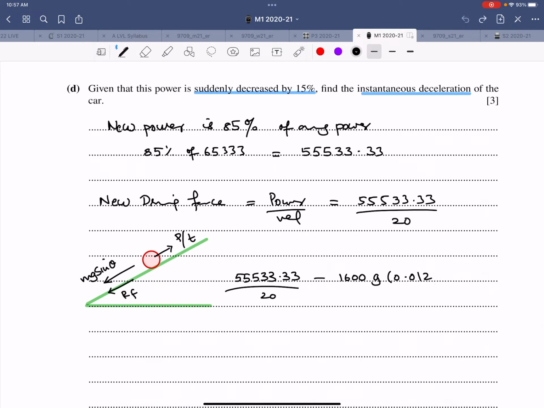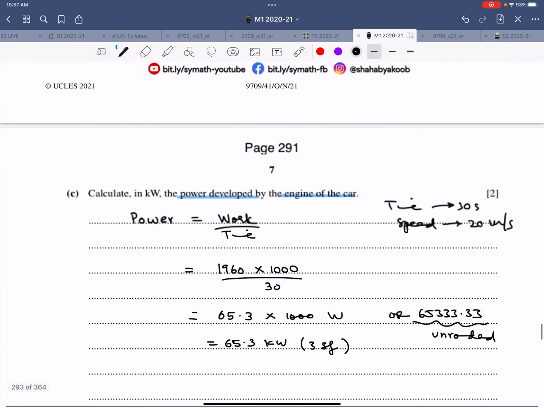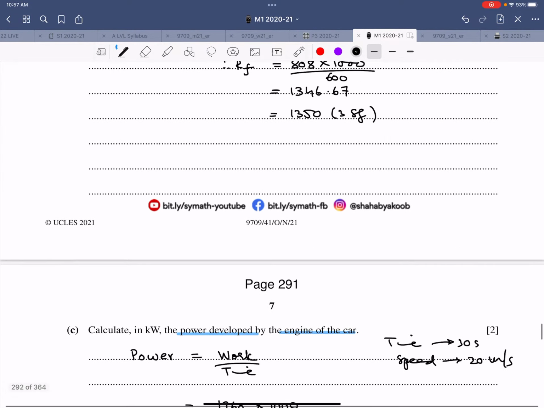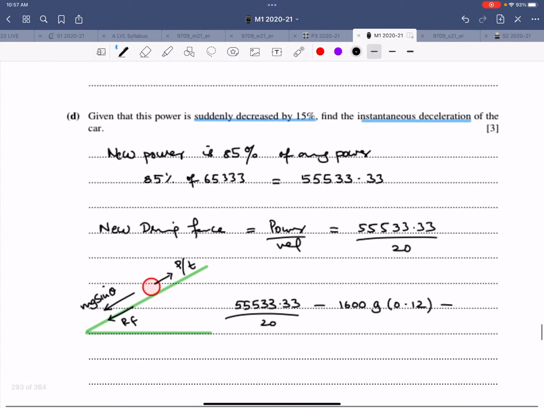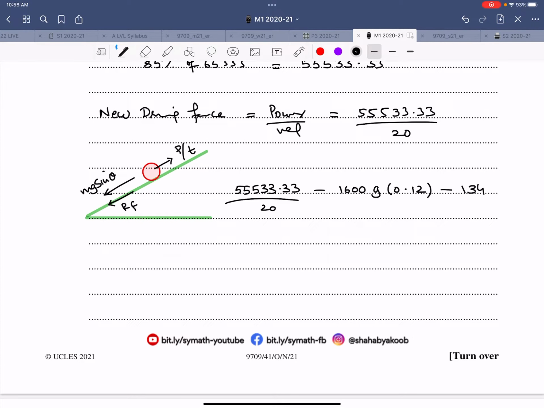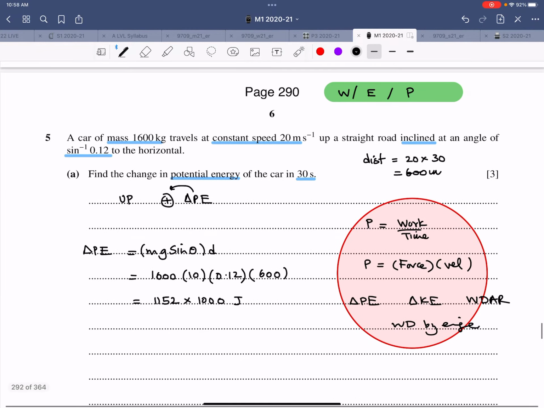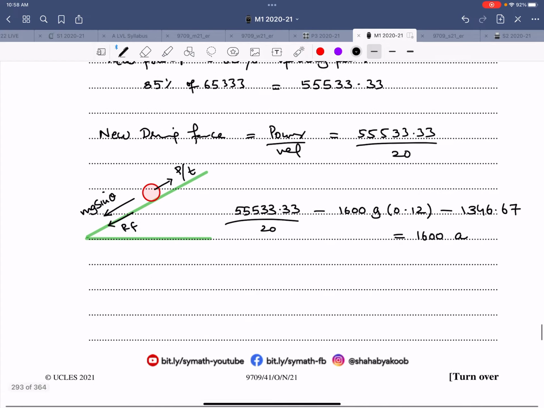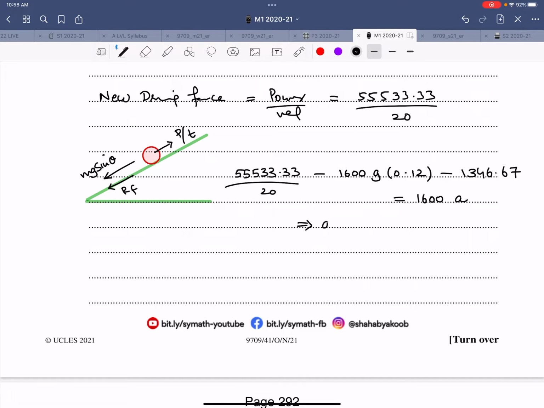So let me subtract it. 0.12 minus the resistive force. The resistive force value was 1346.67. 1346.67 is equal to mass into acceleration. So 1600 was this, and then when you evaluate everything, you get the value of acceleration, and it is coming out to be negative.